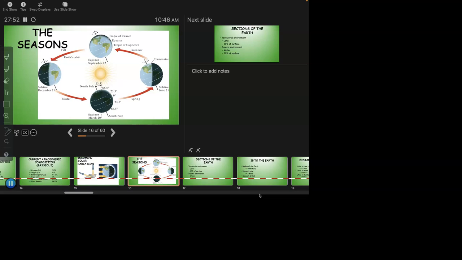If we weren't tilted at all, we wouldn't have any seasons. It would always be nice and warm and awesome, right at the equator and a little bit north and a little bit south of it. And then the further north and the further south you went, it would be that temperature all year.